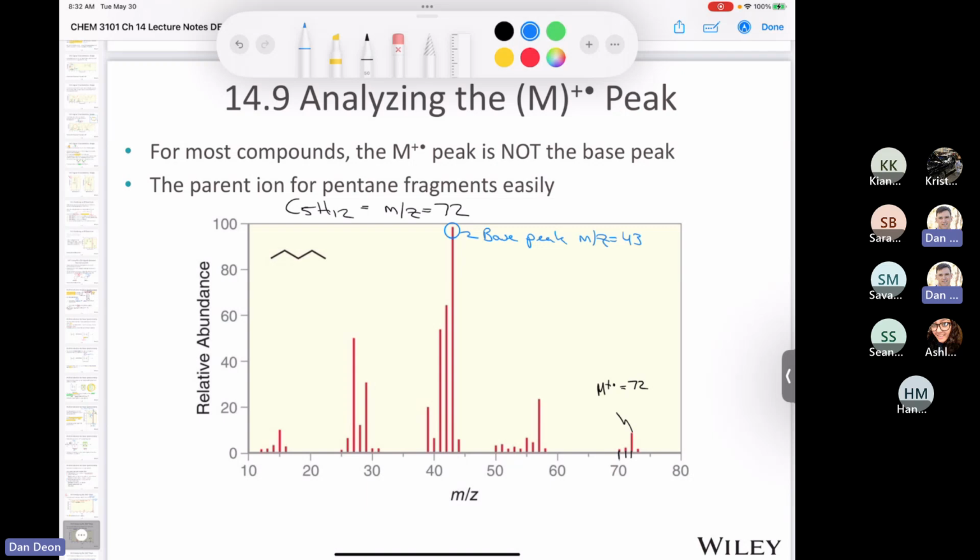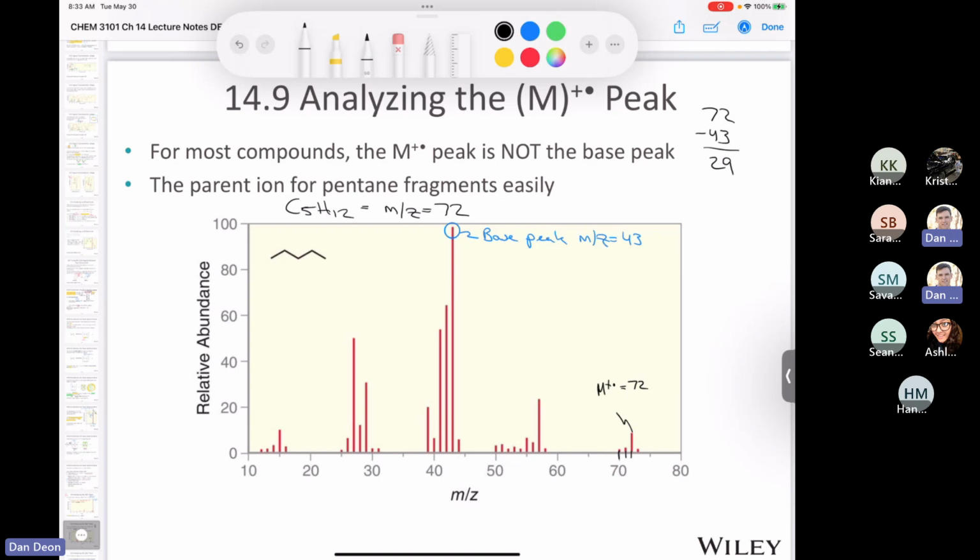But when we're talking about fragmentation, what we want to know is how much mass did it lose? What did it lose in order to have a mass of 43? So if we take 72 and we subtract 43 from it, what do we get? Let's just do a little math here. 72 minus 43 is 29.